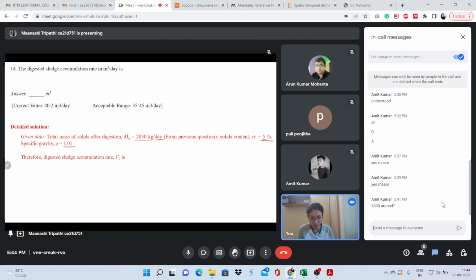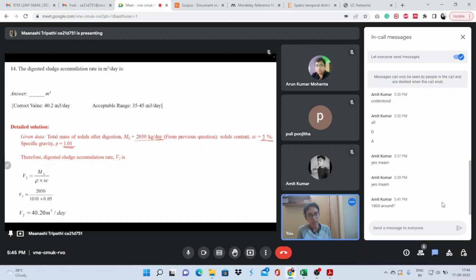For organic, specific gravity will be around this, and for inorganic it will be around 2.5. So we are dealing with organic particles here in anaerobic digestion. Okay, digested sludge volume V2 will be, this is nothing but mass upon volume.